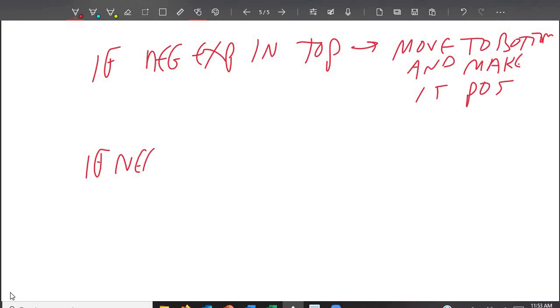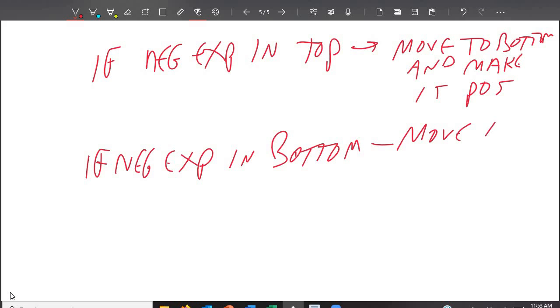If you've got a negative exponent in the bottom, you're going to move it to the top and make it positive.